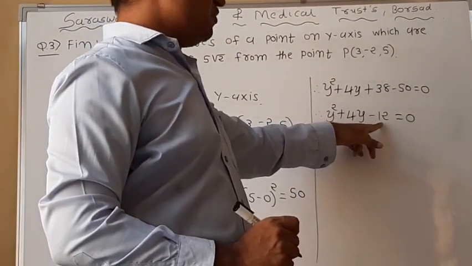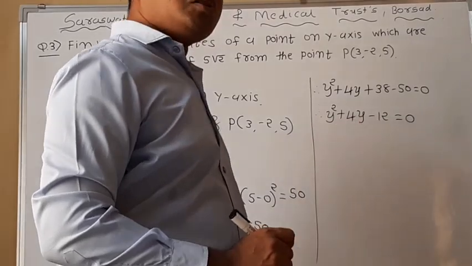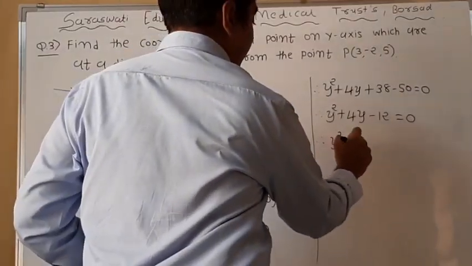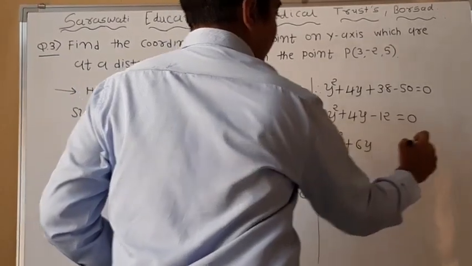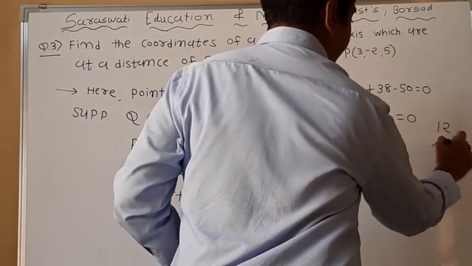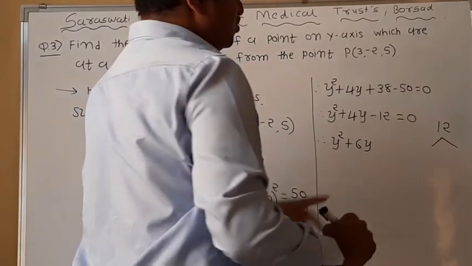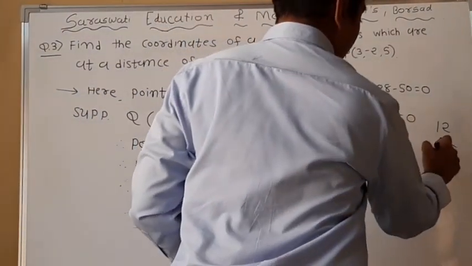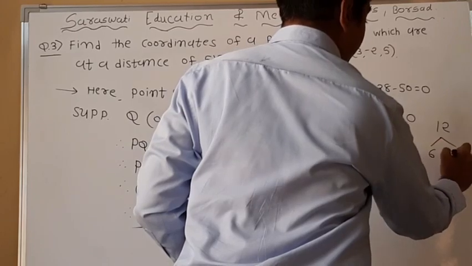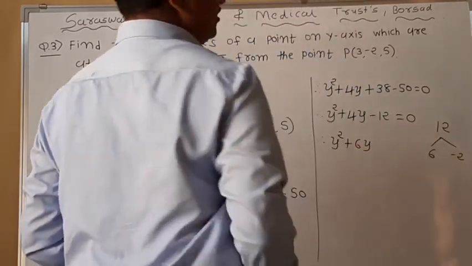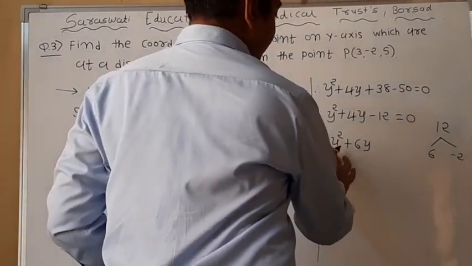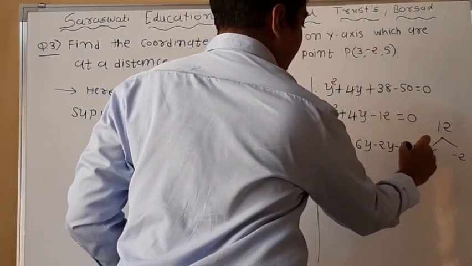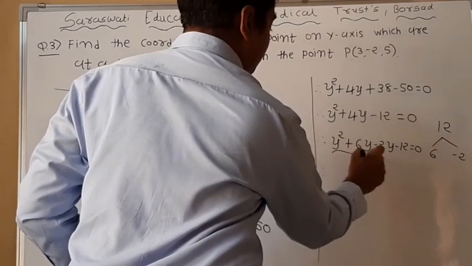Now the factors of 12: we get y square plus 4y, using the splitting method, where minus 12 is present and plus 4 is present. So we factorize this term and get plus 6 and minus 2. So y square plus 6y minus 2y minus 12 is equal to 0.